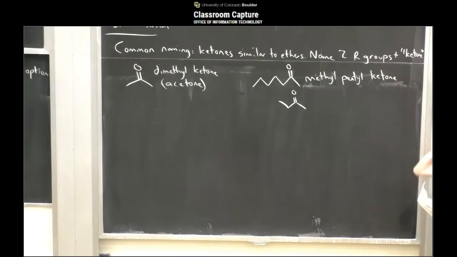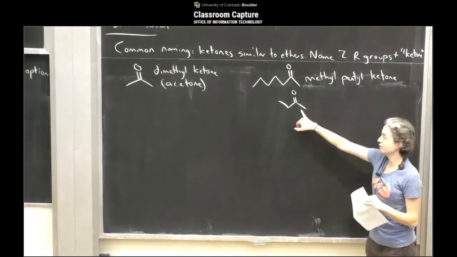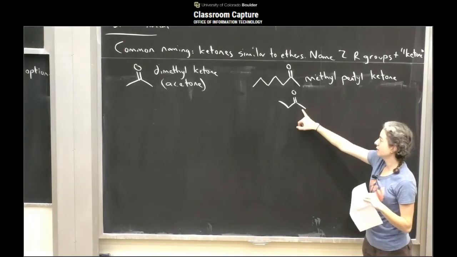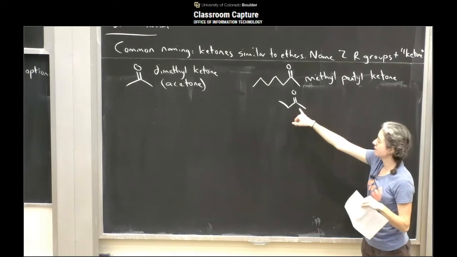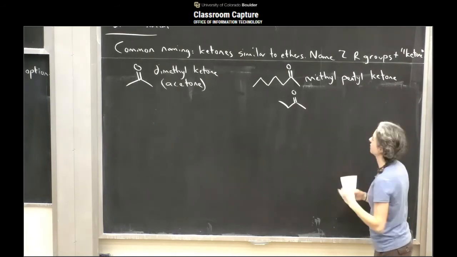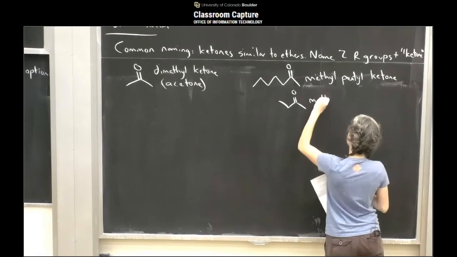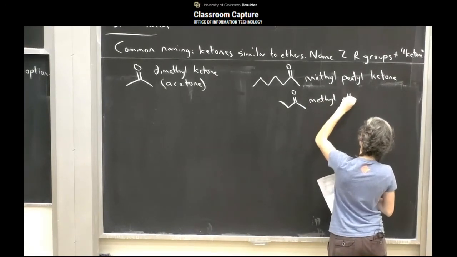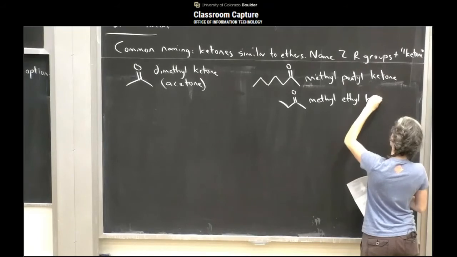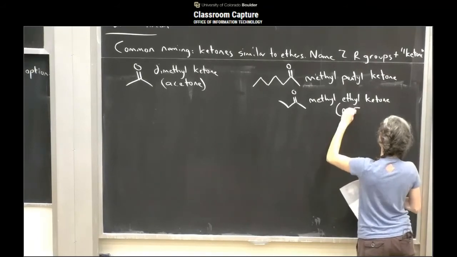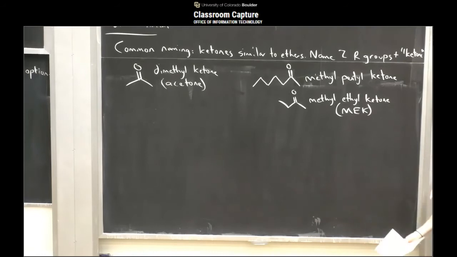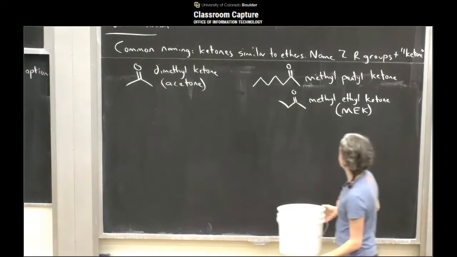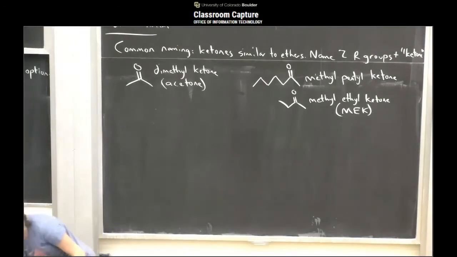This one, under IUPAC, that would be 2-butanone, but it almost always gets used as its common name, which is methyl ethyl ketone, or MEK. It's actually a somewhat common solvent that's kind of like a higher boiling version of acetone. Okay, smells kind of like nail polish remover, but weirder.